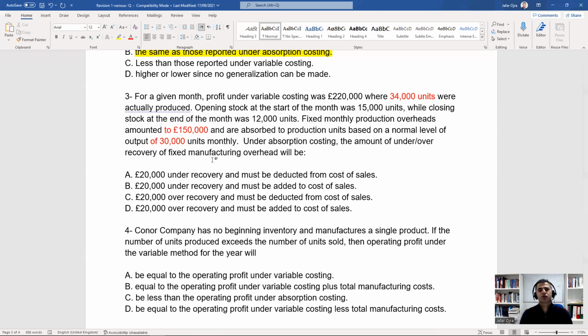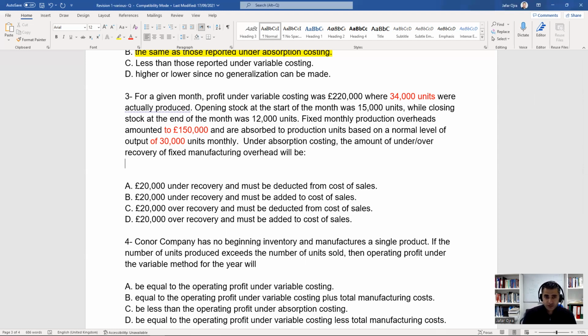Right. So under the absorption costing, the amount of under or over recovery, that's under or over absorption of fixed manufacturing overhead, will be? So what do you need to do?